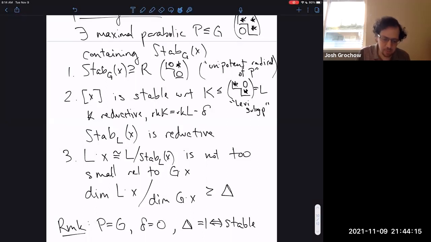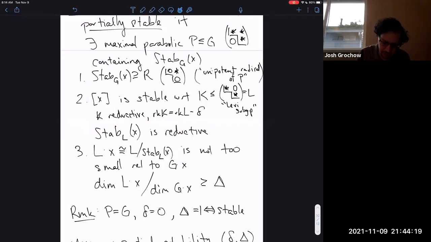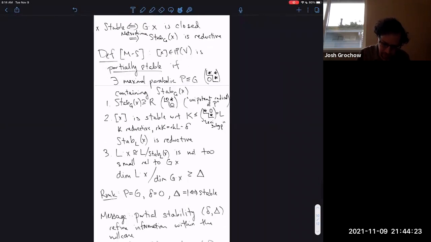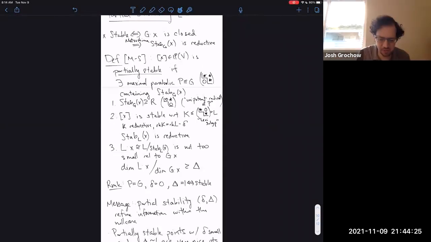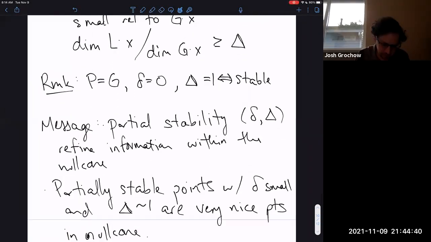Okay, so maybe what I will do is illustrate this notion of partially stable on matrices with rank. And then next time I'll start by talking about some of the nice things that partial stability gives us. Does that sound good, KB? Yeah. Oh, great. All right.